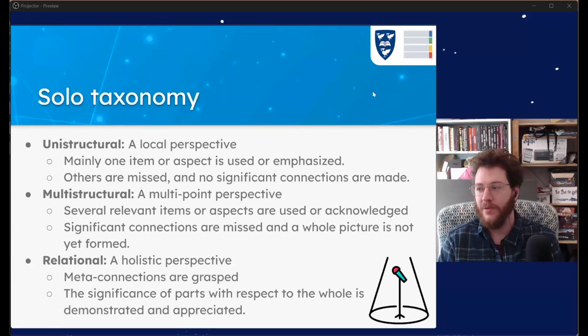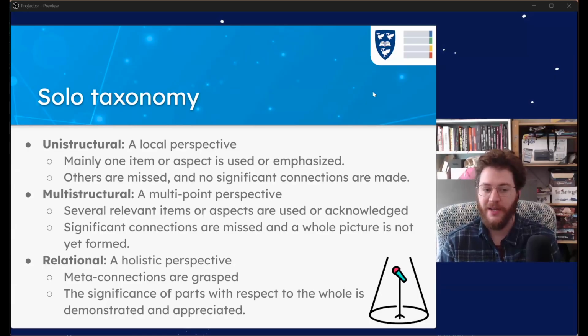And so a bit more about the SOLO taxonomy. We have our 3 levels. We have the unistructural, which is the local perspective. Mainly one item or aspect is emphasized and others are missed. We have the multistructural, which is the multi-point perspective. You have several relevant items or aspects, but significant connections are missed, so you're not seeing the whole picture.